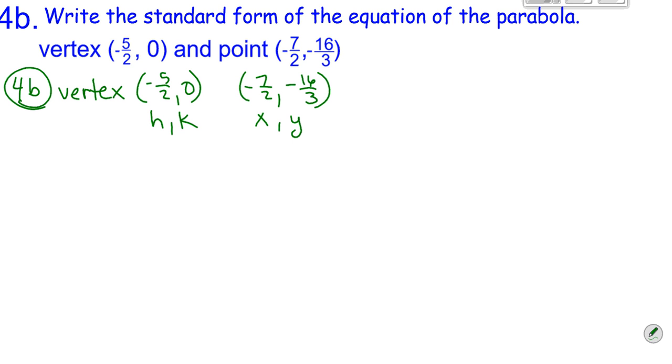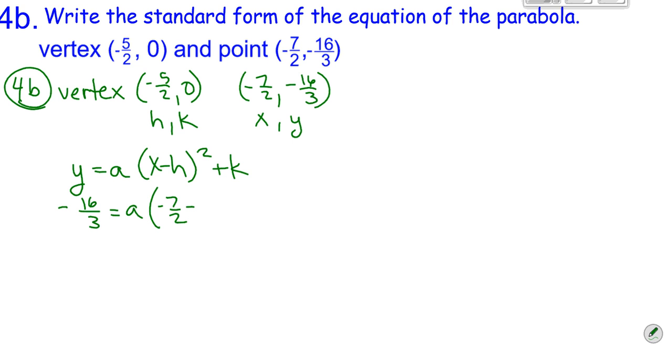So I'll write it this way: y equals a times (x minus h) squared plus k. And so y is -16/3 equals a times (x, which is -7/2, minus h, which is -5/2) squared plus k, which is 0.